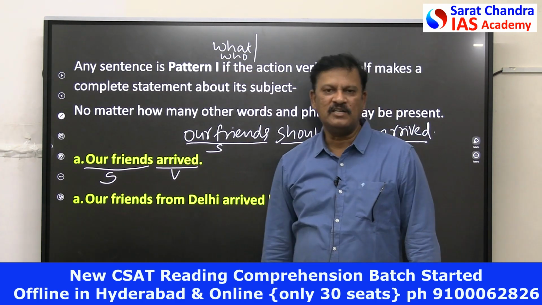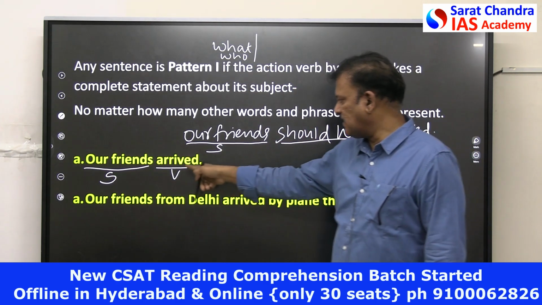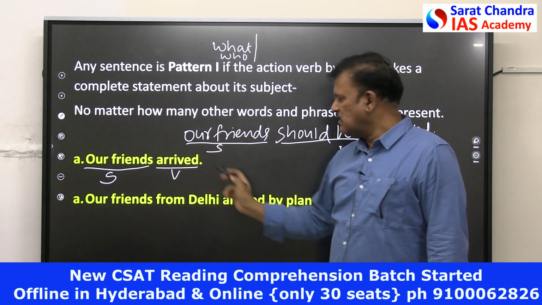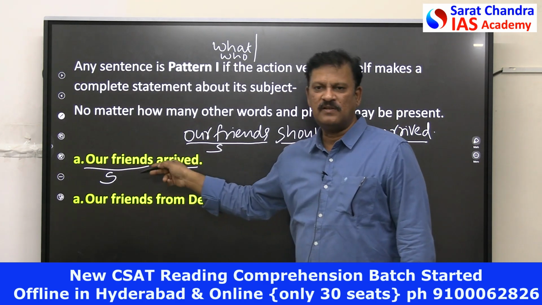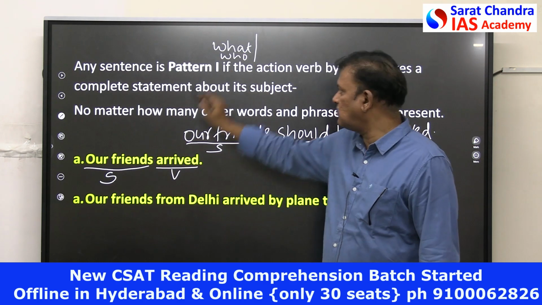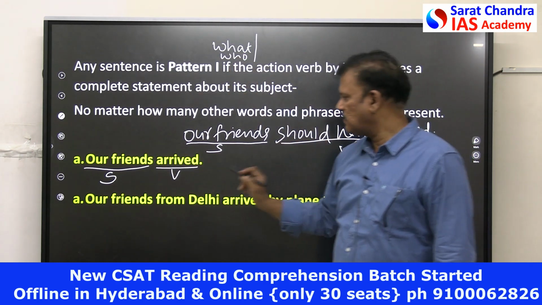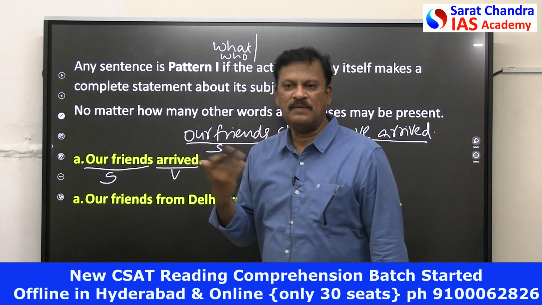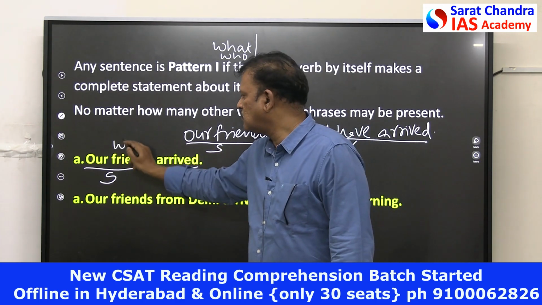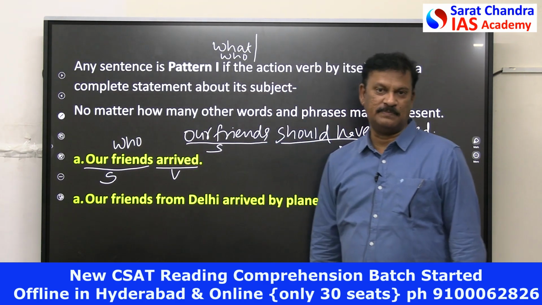If I want to find out the subject, I first identify the verb, which is obviously action. Then on the left side, I put a question. What questions do I put? Either that group of words or a single word can take these question words. Now, dash arrived. Tell me what is the question I put? Who arrived? So that's the way I identify the subject.